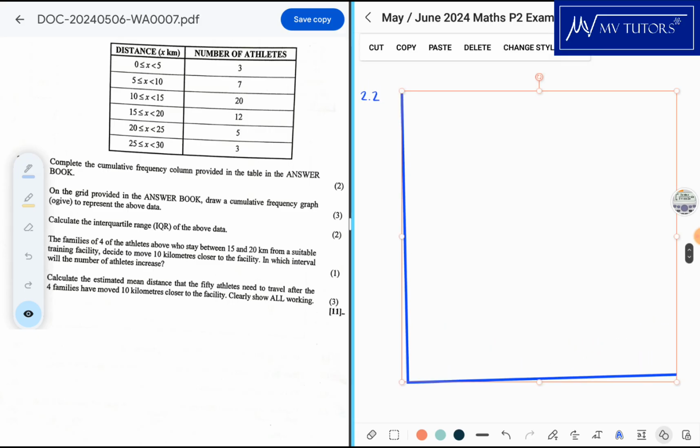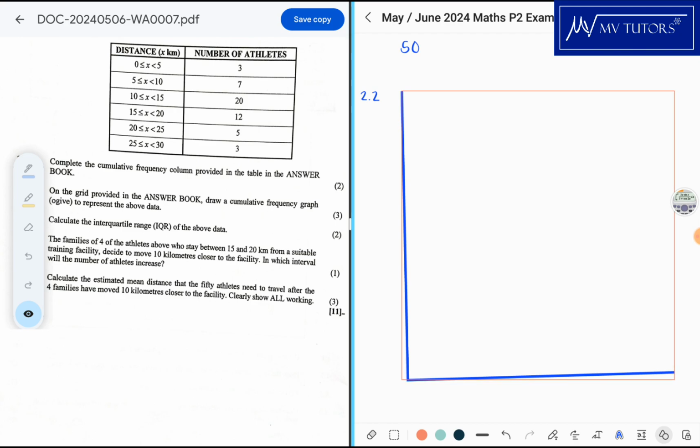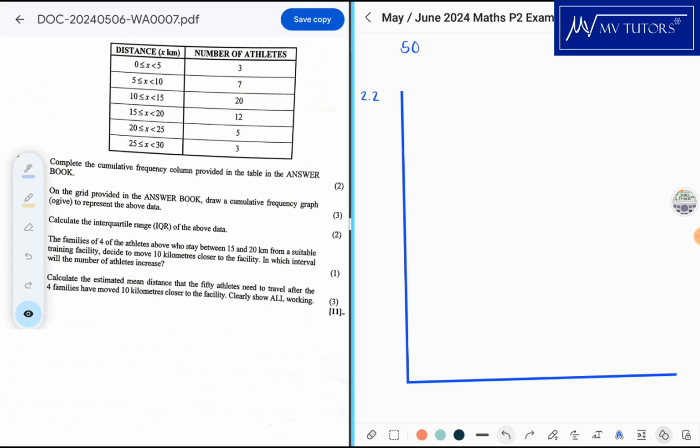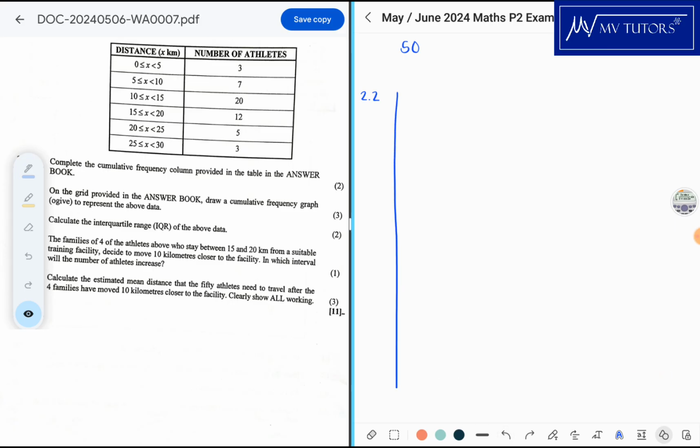So what are we going to have on the y-axis? What are we going to have on the x-axis? On the y-axis, we're going to have the number of athletes because they accumulate to 50. Maybe this will be better. So we're going to have up until 50.